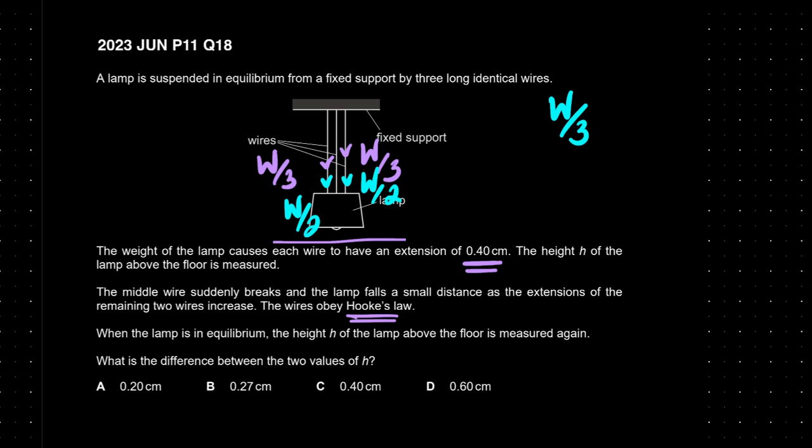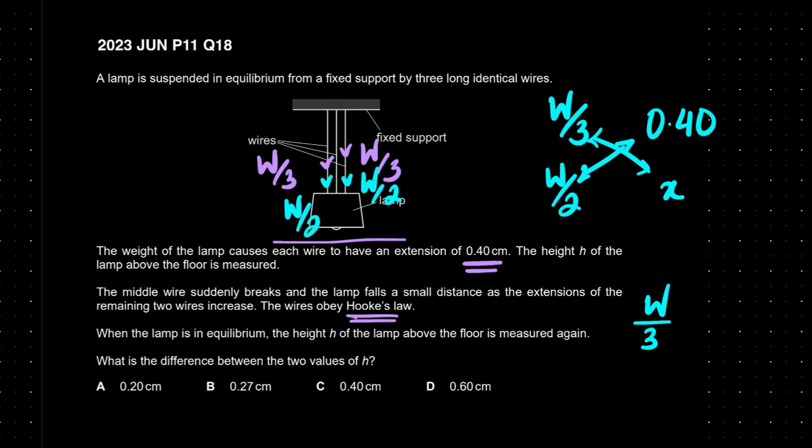So if 1/3 of W causes an extension of 0.4 centimeters, how much of an extension would W by 2 cause, right? Again, I just cross multiply for anybody who's wondering. So W by 3 times x equals W by 2 times 0.4.